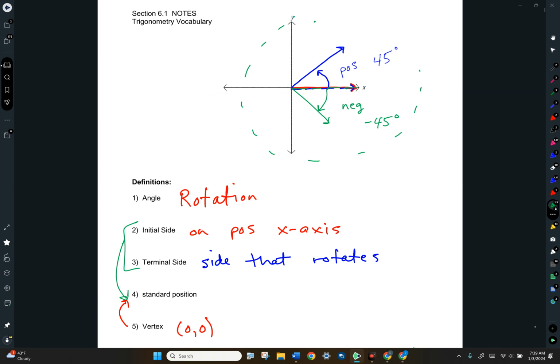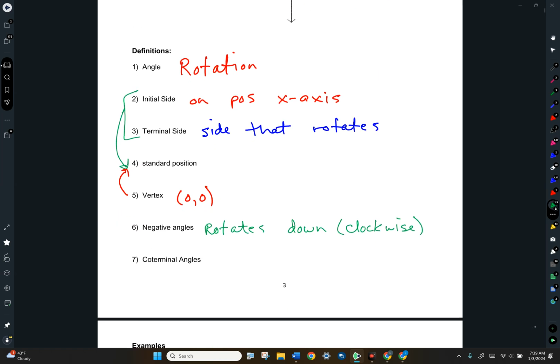From 1 to 2 to 3 to 4 to 5 to 6 and on around, okay? Whereas textbooks would say if it's a positive angle, it's going to rotate in the counterclockwise, so the opposite direction that the hands on a clock would rotate. But for most of us, it's easier to just think rotating up versus rotating down.